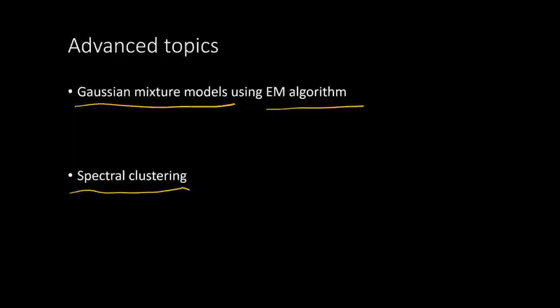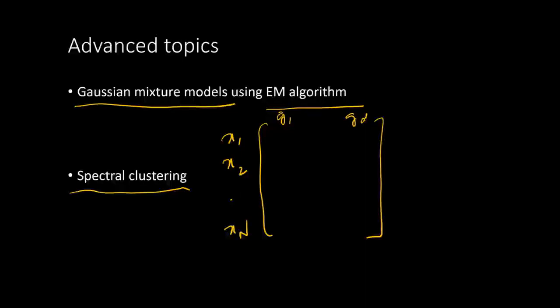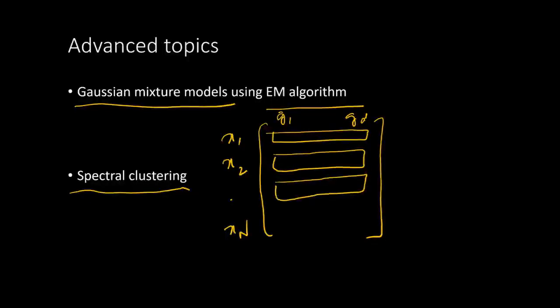I'll just give you a brief idea of what is spectral clustering. Basically, what we are looking at is, let's say we have data points x1, x2 all the way up to xn, and we have dimension d. Like we had genes, gene 1 up to d dimensions here, right? So if we look at one particular sample, one particular patient, for example, with different gene profiles, we can find those that are similar to each other and form a cluster, and others that form another cluster, and so forth.